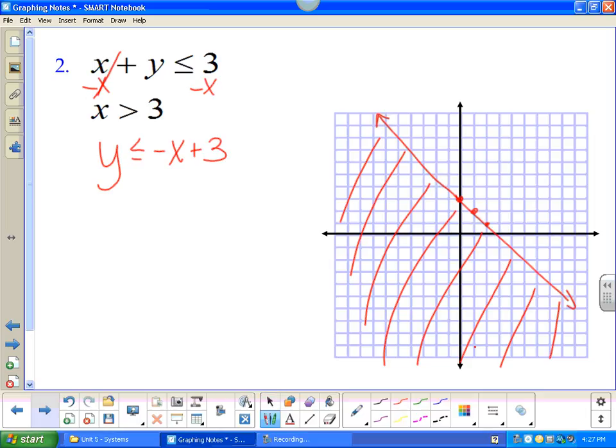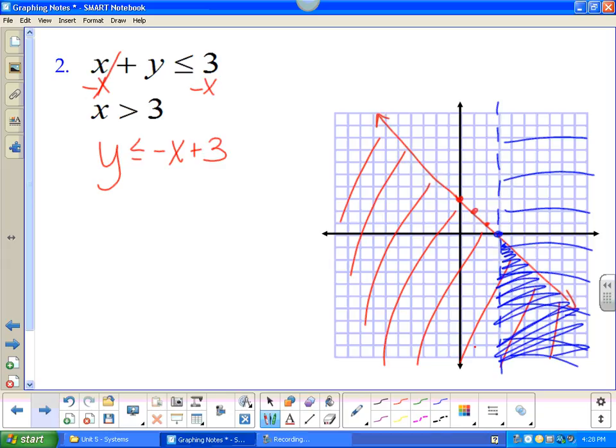The other one's going to be a vertical line at 3, dotted. This is the only line that doesn't have above or below. It has a right and a left, and since that's greater than, we're going to the right. So the part that's double shaded is all of this right here. So that piece would be your answer.